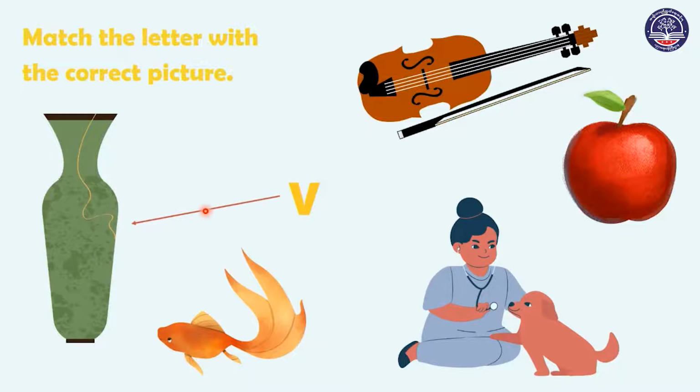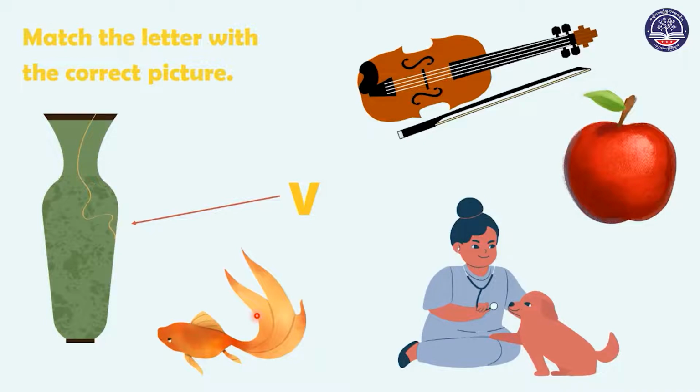Okay. Now let's move on to the second picture. What is this? Yes, this is a fish. F, F, fish. One more time. F, F, fish. Does fish start with letter V?